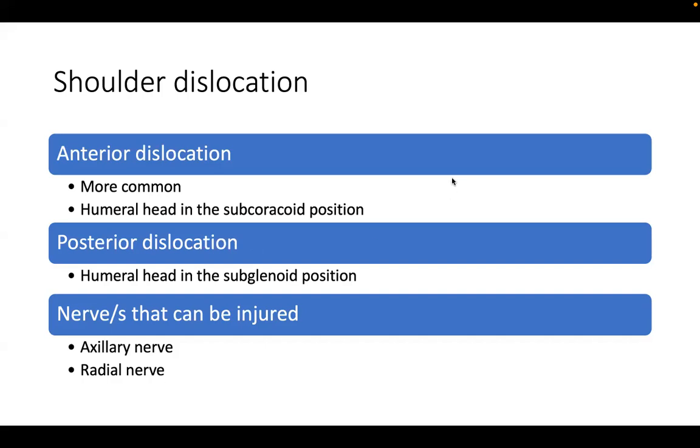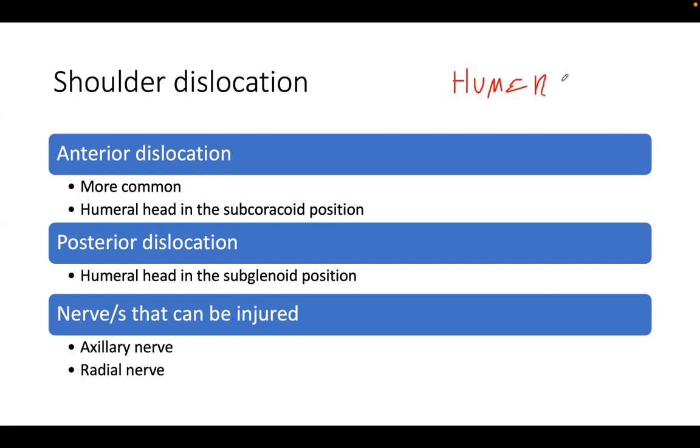Now, additional pearls to take with you in any standard exam, and if you want to top the board exam. In shoulder dislocations, the difference between anterior and posterior dislocation depends on where the humeral head is positioned.